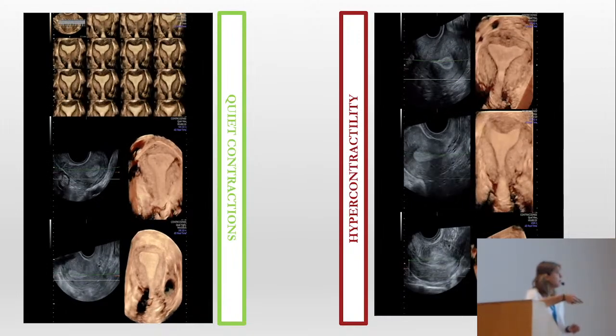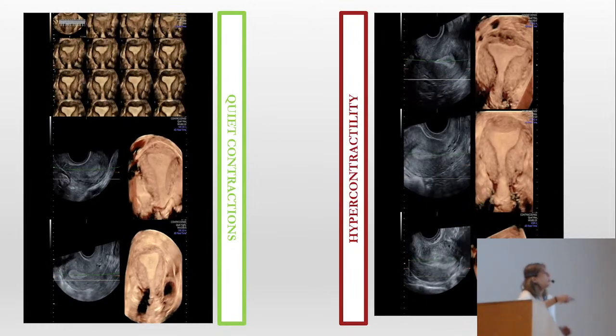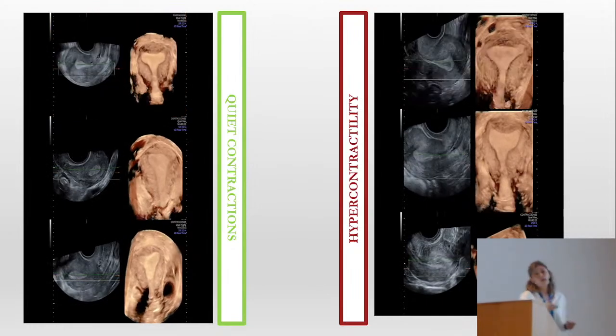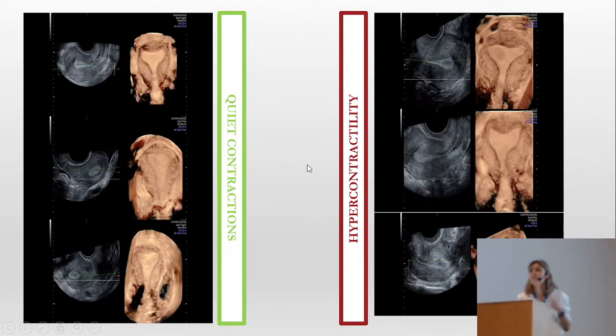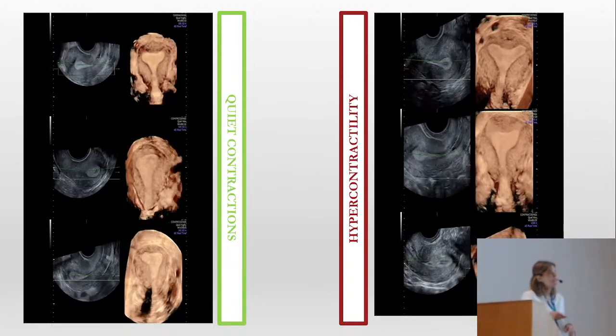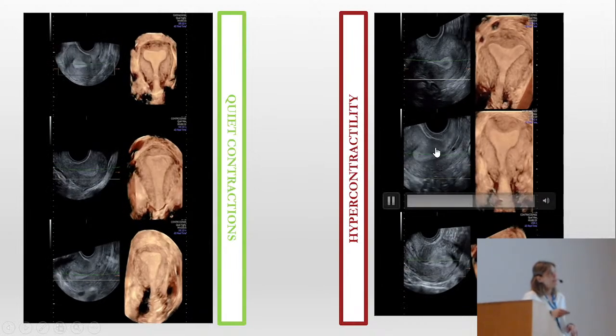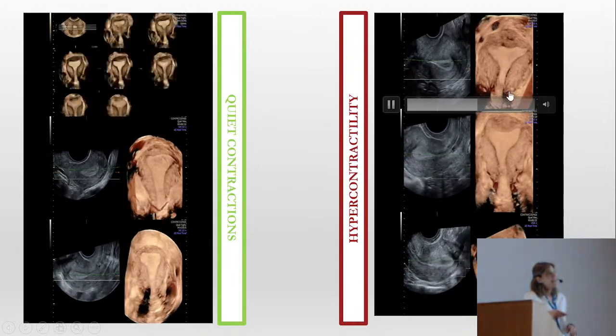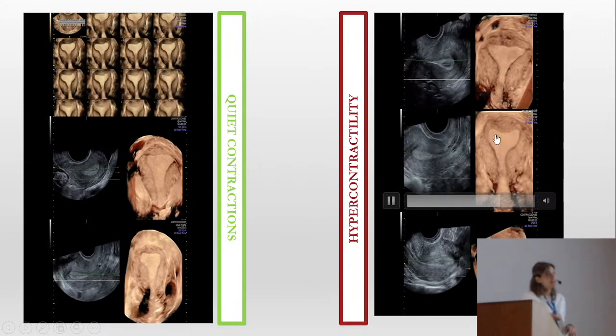Second? Okay. We have quiet contractions and hypercontractility. I know at the beginning it's difficult to differentiate between them, but mainly the contractions start here, okay? And they change the endometrial cavity.